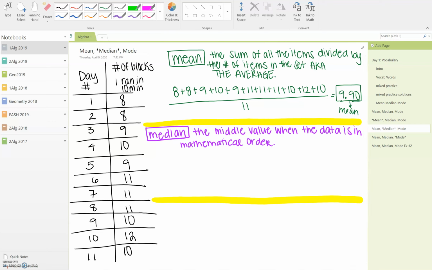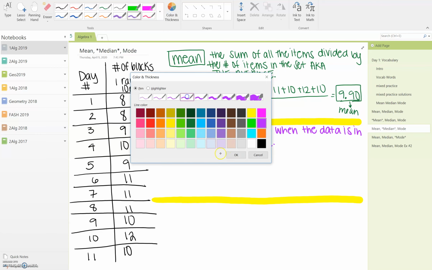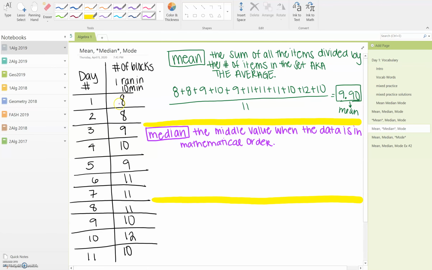Okay, now the next thing we have to find is the median. Now the median is the middle value when the data is in mathematical order. So let's start off by going ahead and putting our data in mathematical order. So let's see, I've got 2 8s, 2 9s, 3 10s, 1, 2, 3.